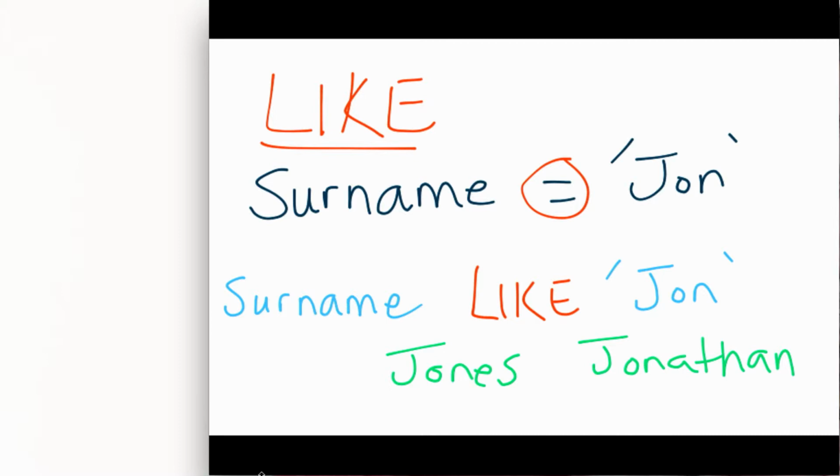The last two operators that I want to talk about are similar to the less than and the more than: less than or equal to, or greater than or equal to.